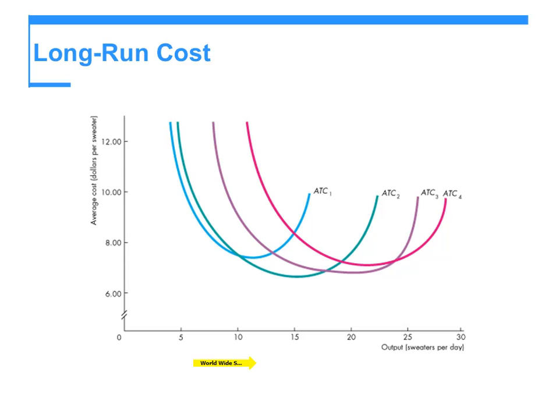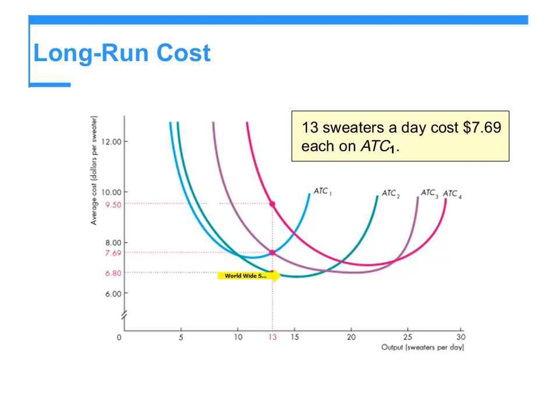As you can see, with the first and second, the 2 you may get something the lowest, which is here. 13 sweaters a day cost 7.69 somewhere here. If you have 2 machines it is here, if you have 1 machine it is higher, and if you have 4 machines, it is the highest.